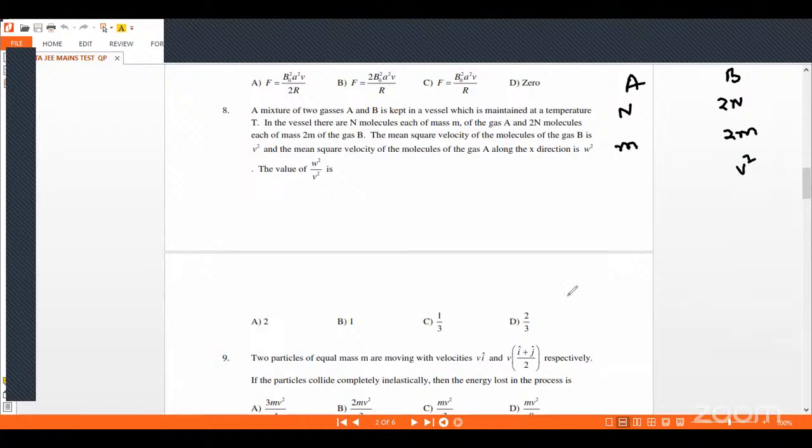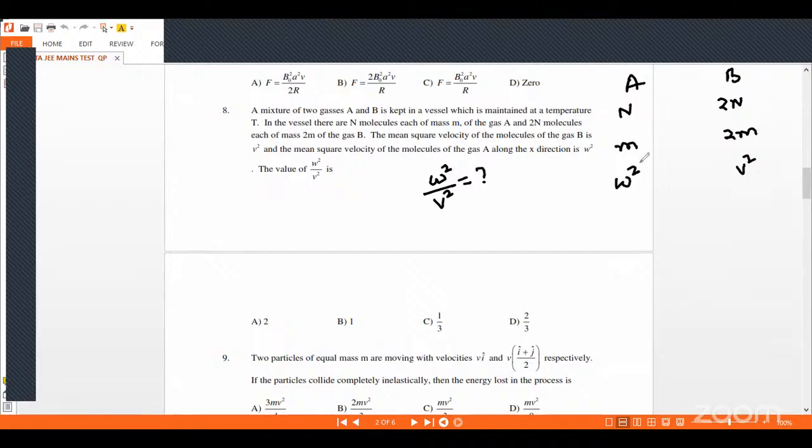We can say it is V mean square or V average square. And the mean square velocity of gas A along x direction is W square. They are asking to find the value of W square by V square. So, mean kinetic energy of the two types of molecules, A and B, will be the same.